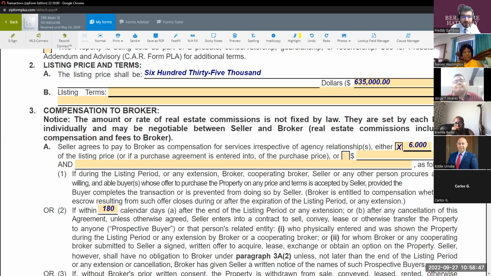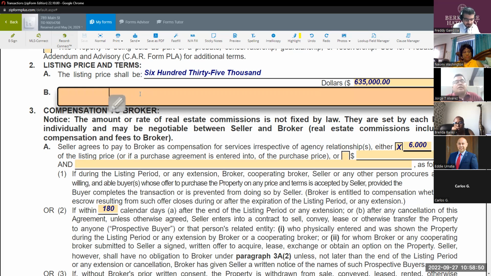So now let's go back to here. Let's say the seller wants to take away my compensation because John Doe, the next door neighbor, wants to buy this property. Let's actually give him a grace period.